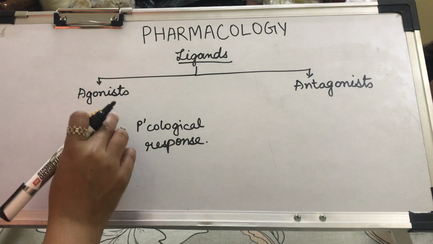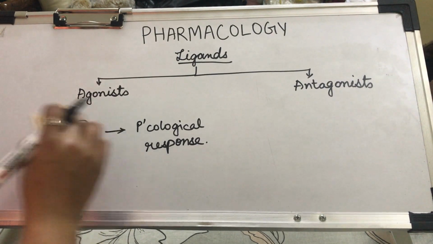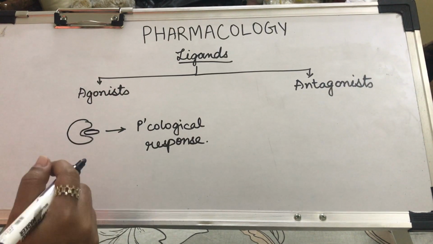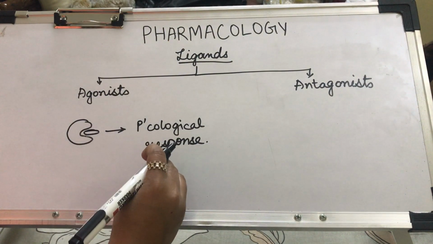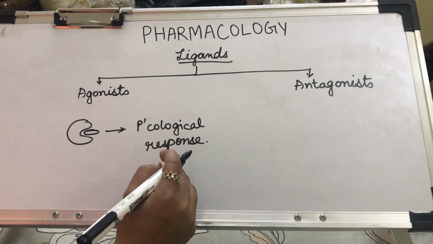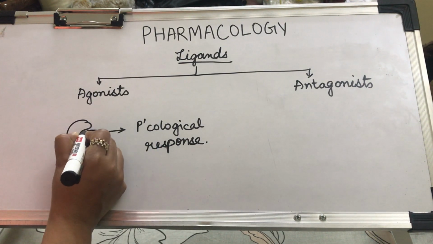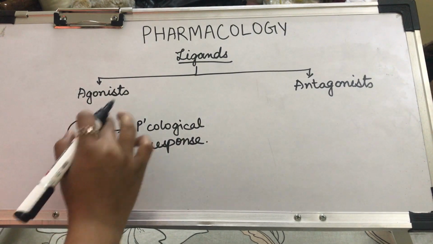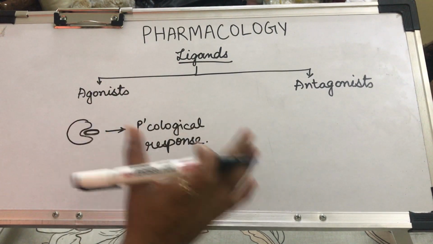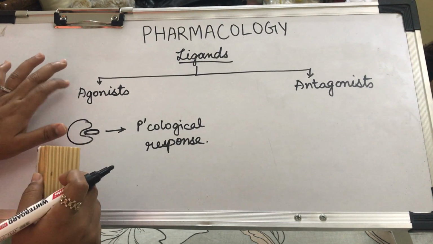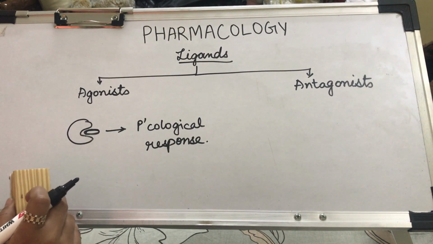And what is an agonist? Agonist is a chemical substance which we are giving from outside the body. It is an exogenous compound which is given and it comes and binds to the receptor and gives the same pharmacological response as that of the substrate. Then it is known as the agonist.